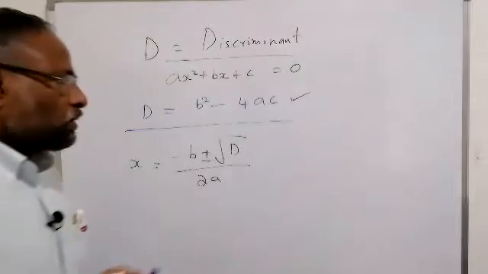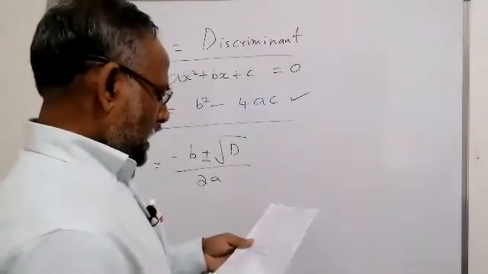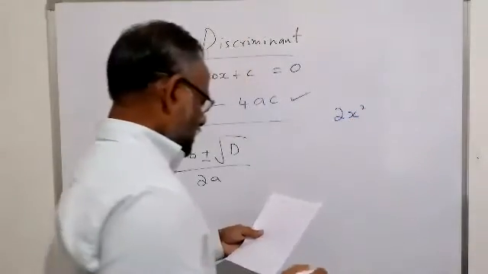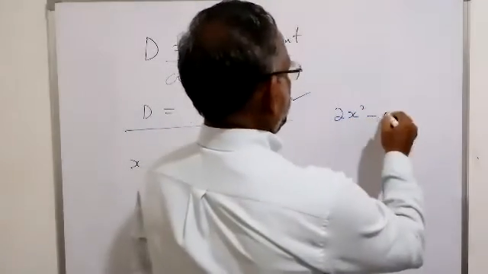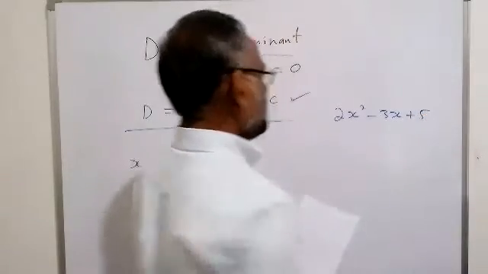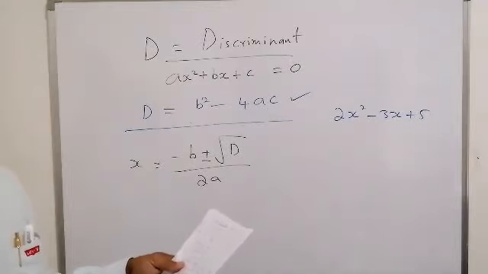First, b square minus 4ac. Suppose, for an example, I take 2x square minus 3x plus 5. Don't write now, I will tell you.